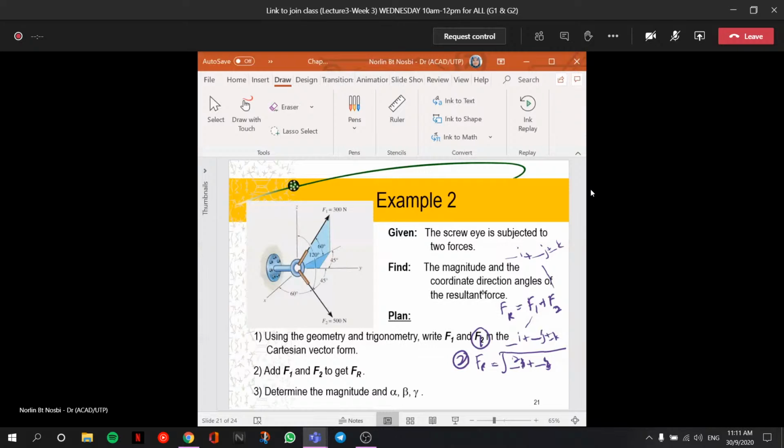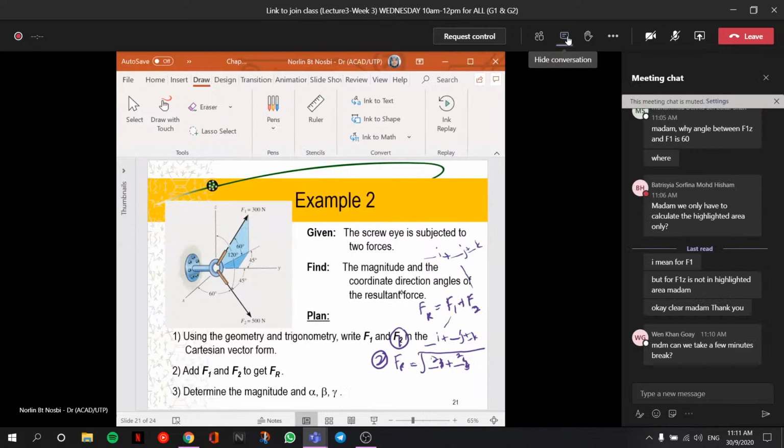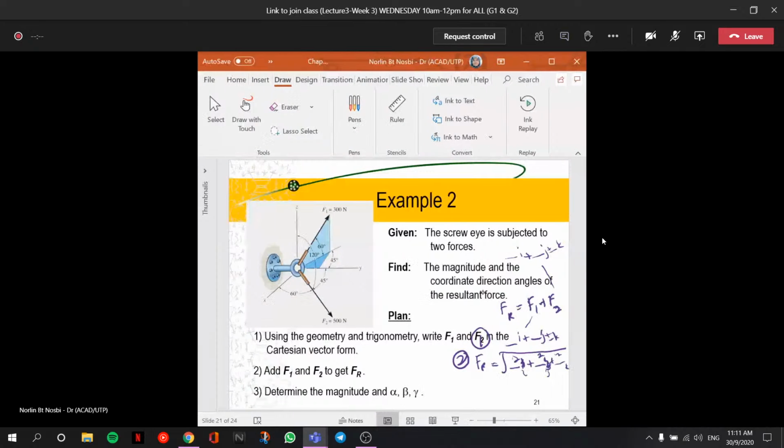So now you know the coordinate and the magnitude. From here, you need to find the angle, same like what I showed you before. So you can try it on your own.